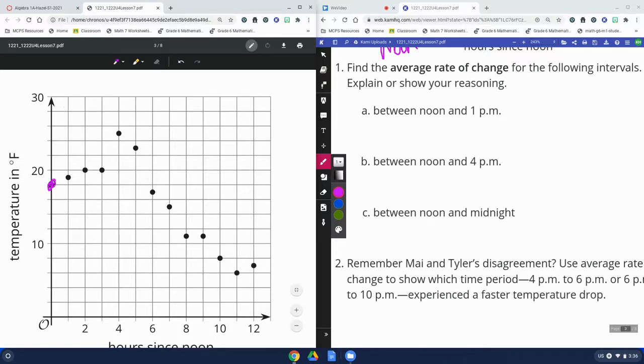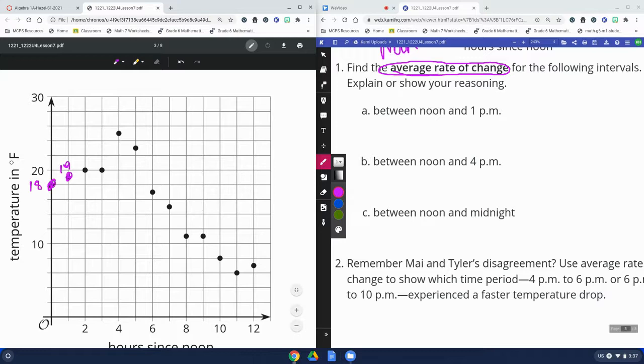The temperature at 1 is here. All right. Average rate of change doesn't just mean, well, this temperature is 18, because notice the interval is 2, and this right here is 19. So you're like, oh, it went up by 1 degree. Well, it did go up by 1 degree, but is that necessarily the rate of change? You won't know until you figure out how much time has passed. So you need to know the change in the time as well.